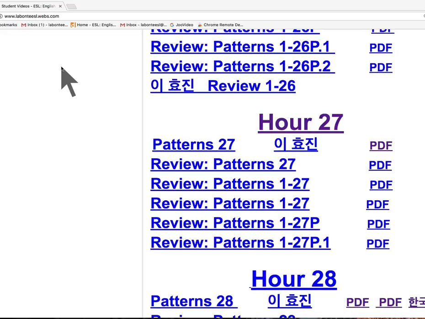With hour 27, you have come to a part of patterns which I really fell in love with. I was once asked what my favorite pattern is, and without a doubt, I can tell you that this is my favorite pattern that we'll learn here.